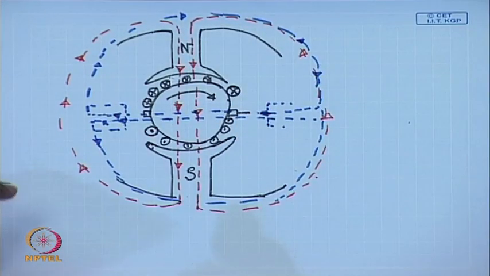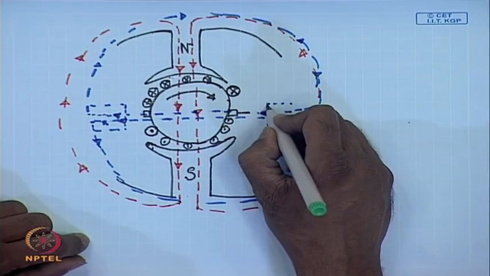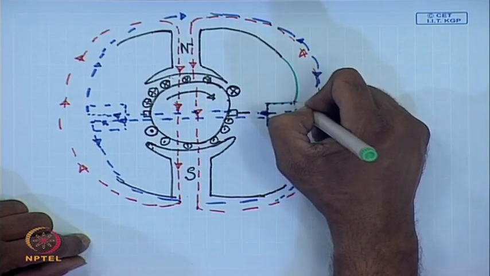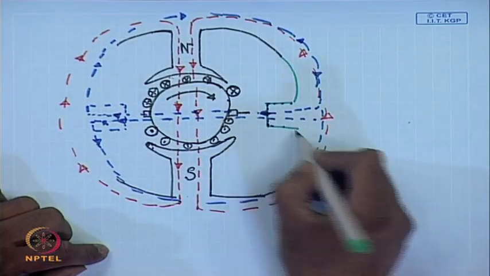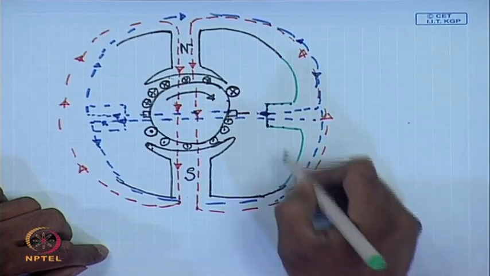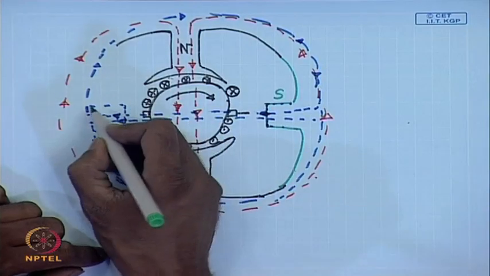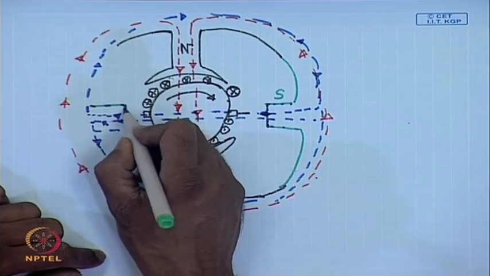in the generating mode. So, if we want to cancel this flux, then in the interpolar region we can put an actual south pole, that is this south pole, and a north pole here.